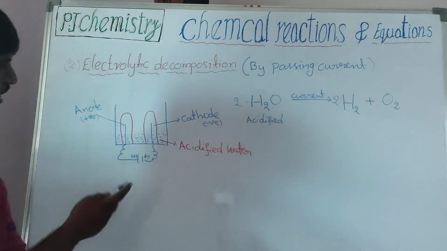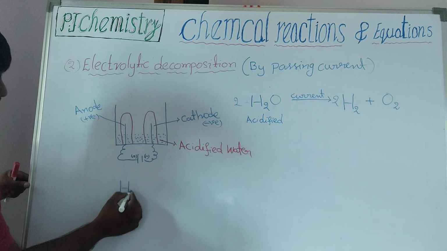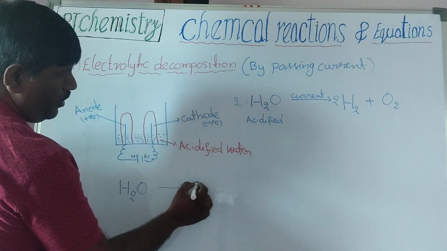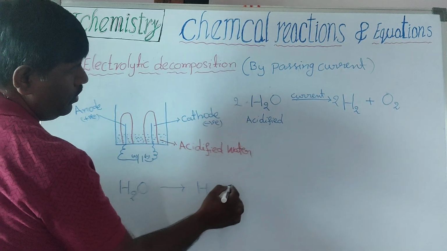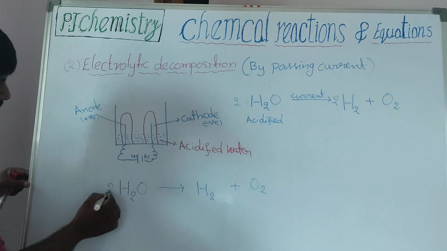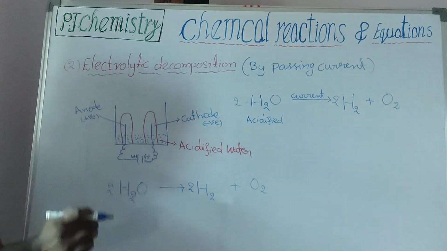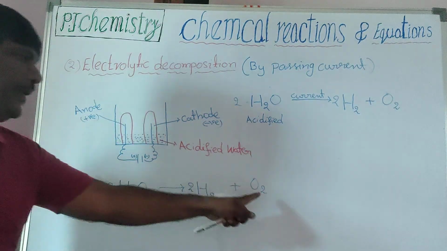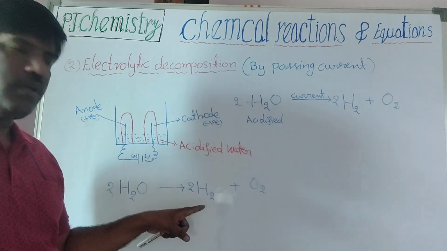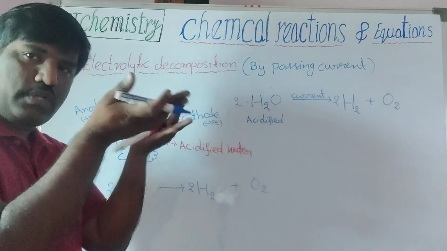See here, I will write the equation once again. H2O gives H2 plus O2. Balanced, 2H2O gives 2H2 plus O2. If you observe, after decomposition, hydrogen is 2 volumes and oxygen only 1 volume, so more hydrogen is liberated than oxygen.